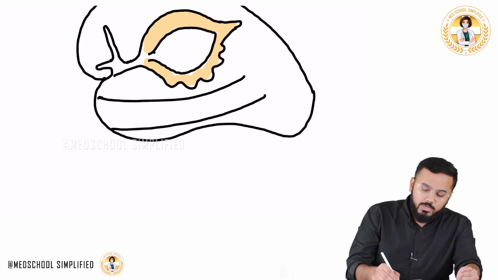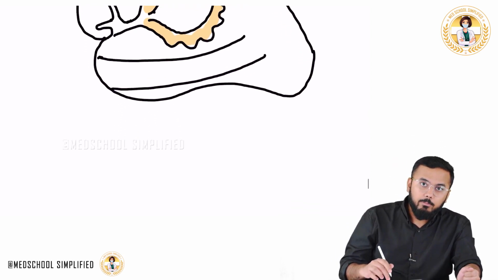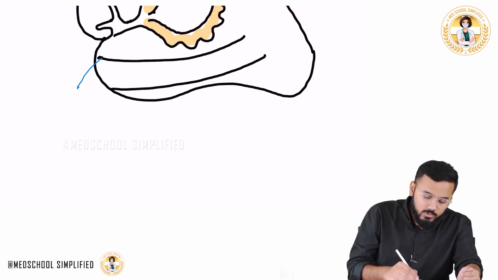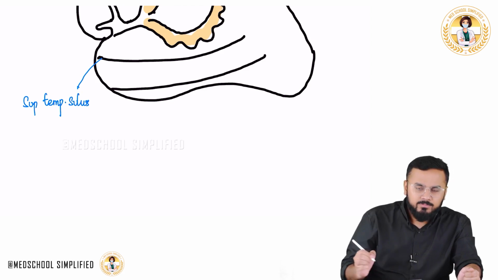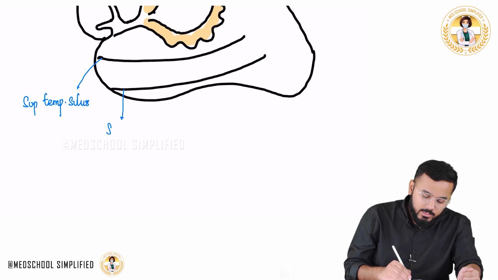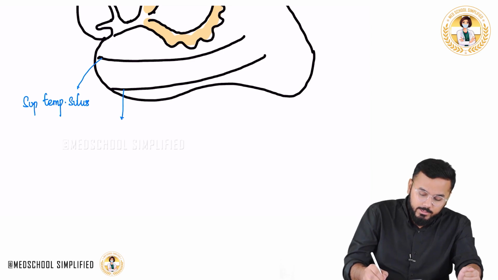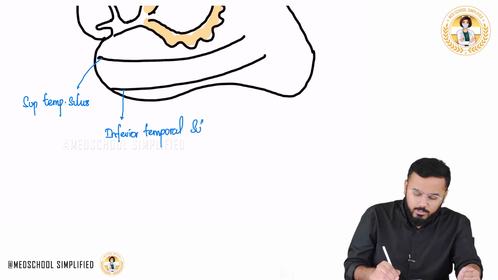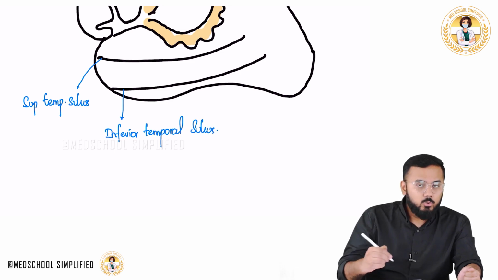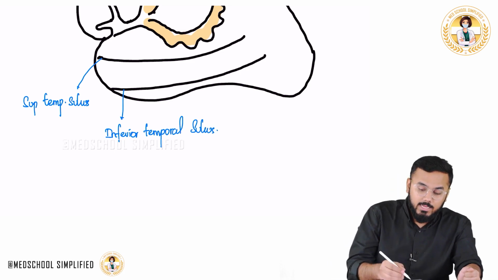This structure over here is called superior temporal sulcus. Okay, and this structure over here is called inferior temporal sulcus. One is superior, another one is inferior temporal sulcus. So there are two sulci and there are three gyri, right?